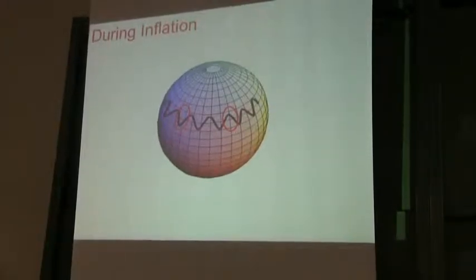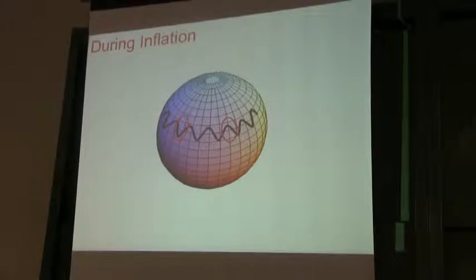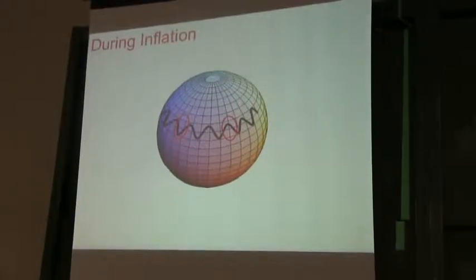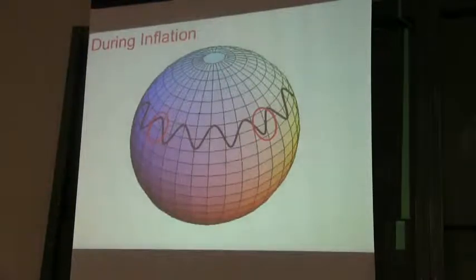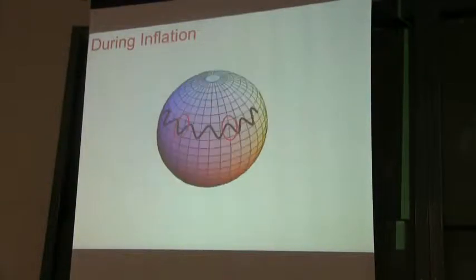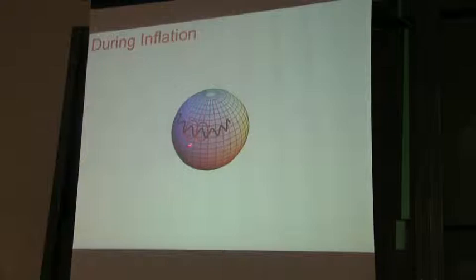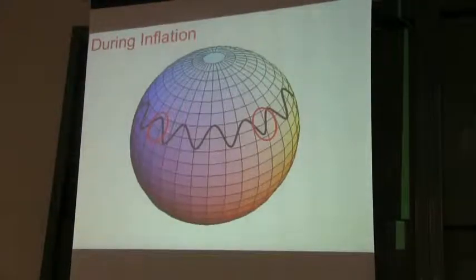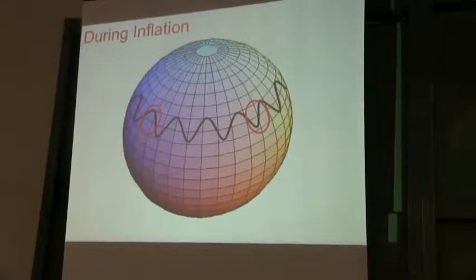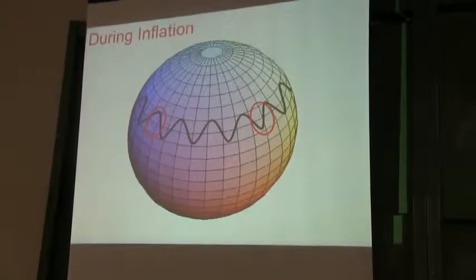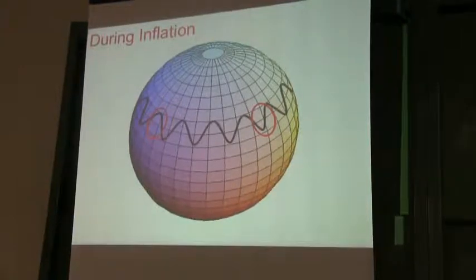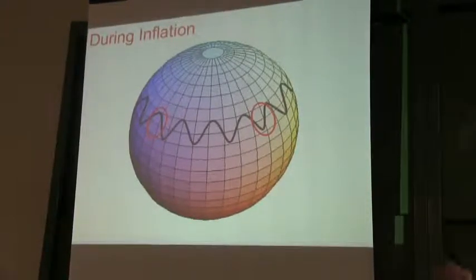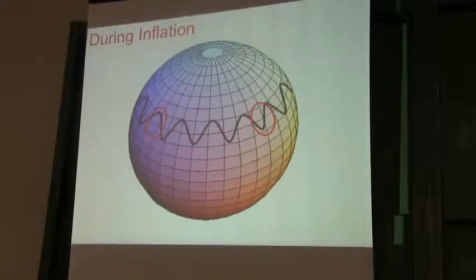Eventually those patches just stretch apart, they become disconnected, and more wavelengths are coming out of the horizon. You notice the wavelength was inside the horizon, then it became outside the horizon. Okay, the wavelength is bigger than the size of the horizon. Remember, during inflation, the horizon is essentially constant. So the wavelength which is stretched exponentially has been driven out.